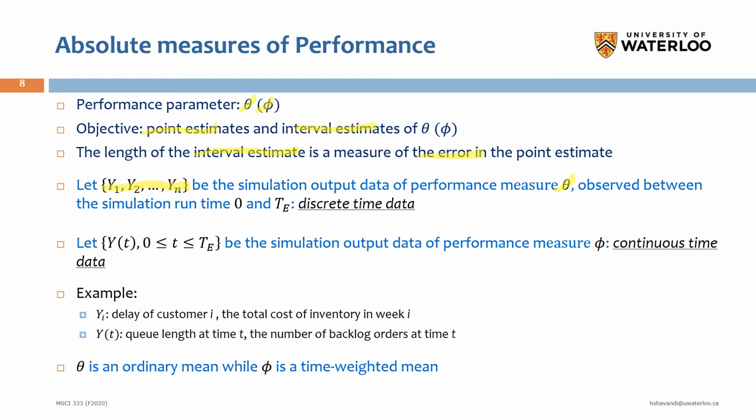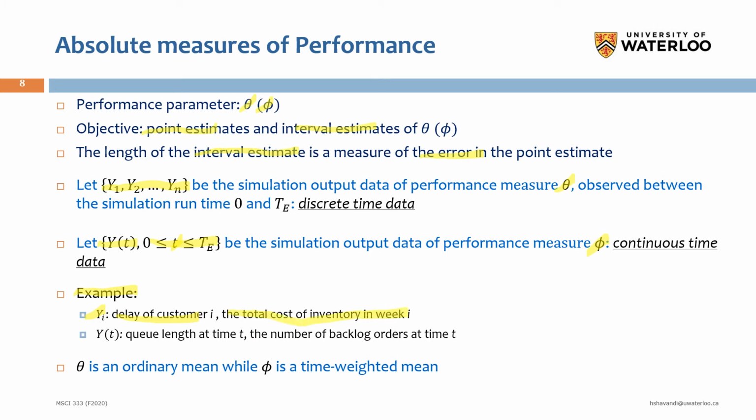Or the data could be continuous time data, y(t) over t between 0 and te. It's called continuous time data, and we will have phi here, and we are going to estimate phi by having these continuous data that we have from the simulation model. Examples for the discrete time data are the delay of customer i, or the total cost of inventory in week i.